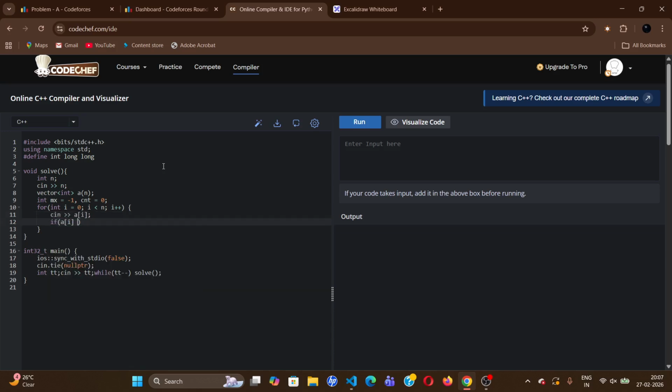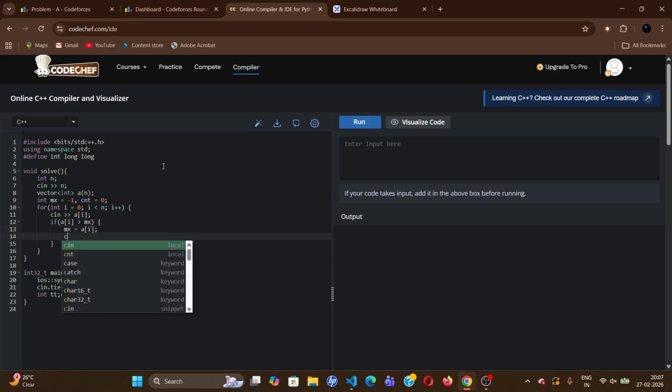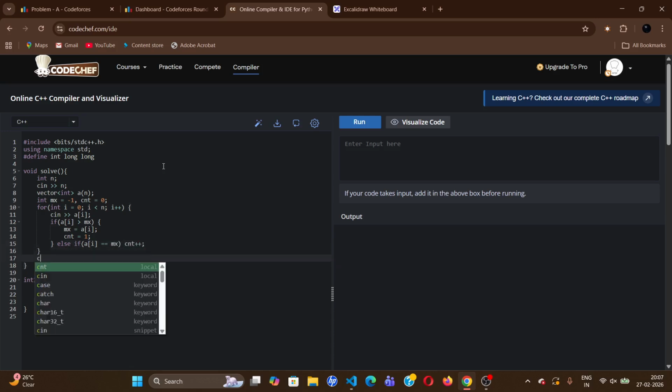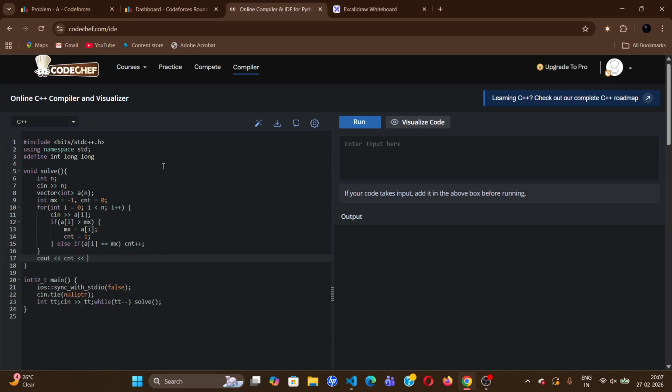Now if a_i is greater than max, then mx equals a_i, we change the maximum and make the counter 1. Else if a_i equals the maximum, then we increment the count. Now we'll output the count.